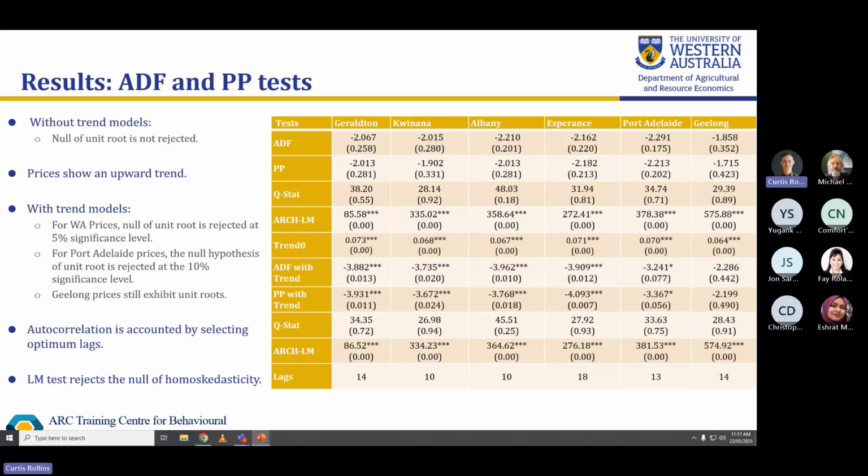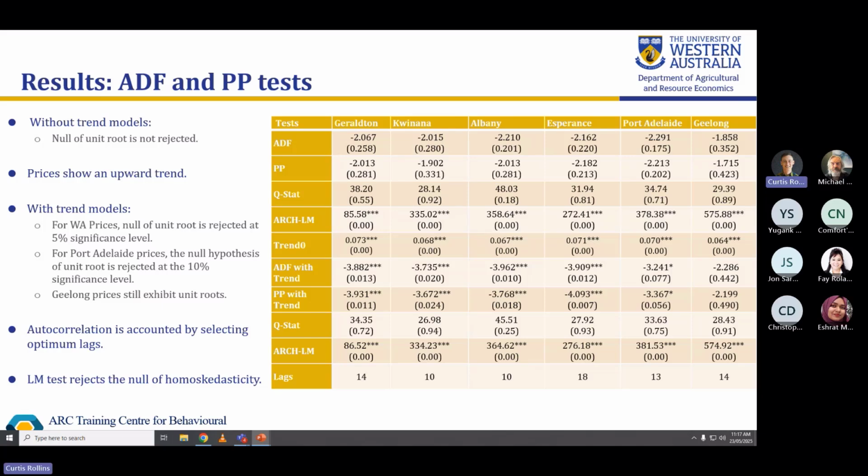So they reject the null of unit root, but Geelong still has the unit root. That shows the random walk with trend properties. So with this trend, they lose the unit root properties. That means WA prices are no more efficient now.